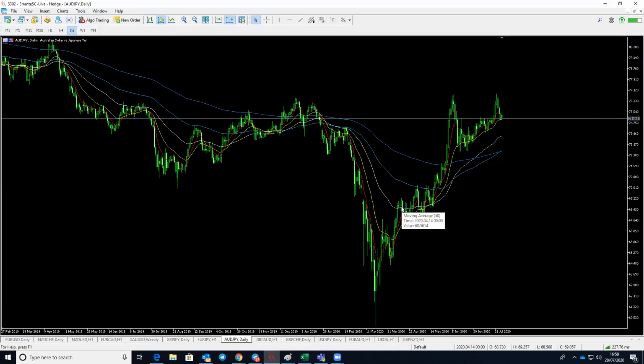Okay, so AUD JPY on a daily chart, as you guys can see, I think the bias is still on the upside, maybe making a correction. But if we look at this area right here, it sort of has marked its territory for a resistance zone.